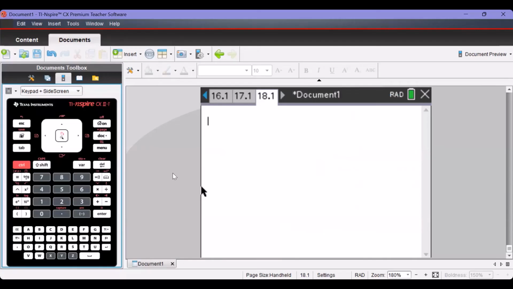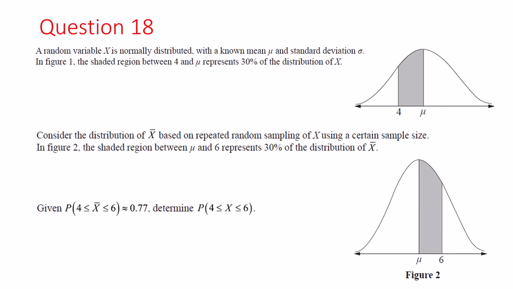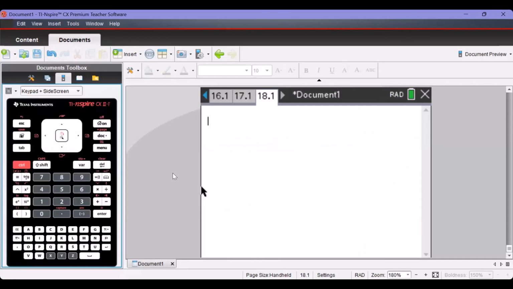And from the stem, we're given that the probability that x bar lies between 4 and 6 is approximately equal to 0.77. So from that, we can glean that the probability that x bar lies between 4 and mu is 0.77 minus 0.3, which is approximately 0.47.